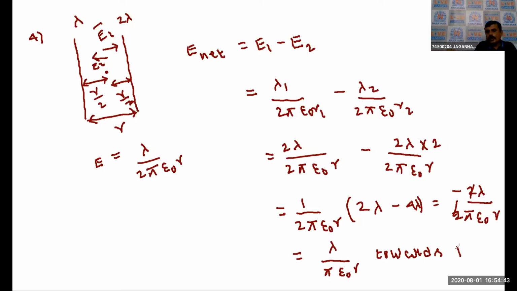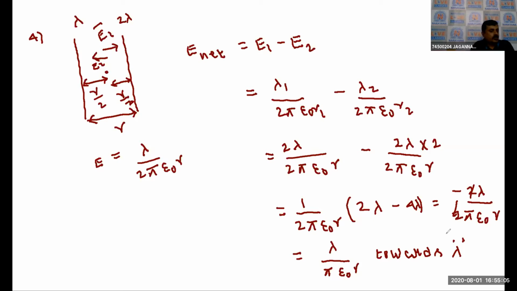Towards the left wire. Towards the first wire, towards the lambda charge density, the charged wire. So the net electric field is given by lambda by pi epsilon naught towards the left side.